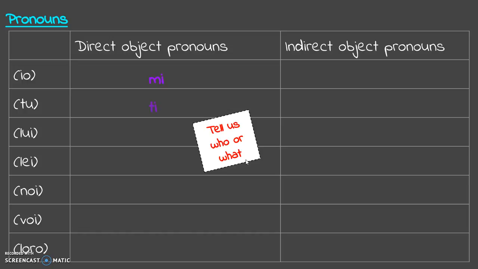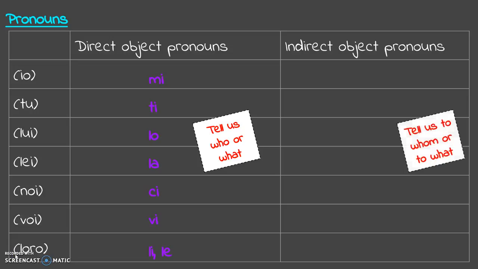So mi, ti, lo, la, ci, vi, and li or le, depending on whether the people or the things are masculine or feminine. And our indirect object pronouns tell us to whom or to what, and they are mi, ti, gli, le, ci, vi, and gli again.